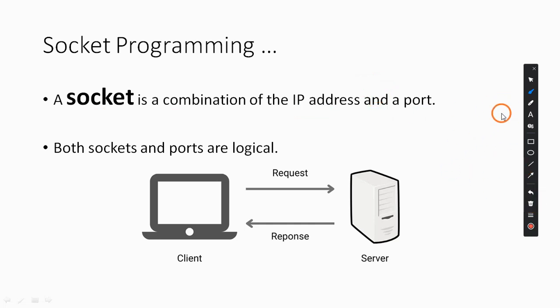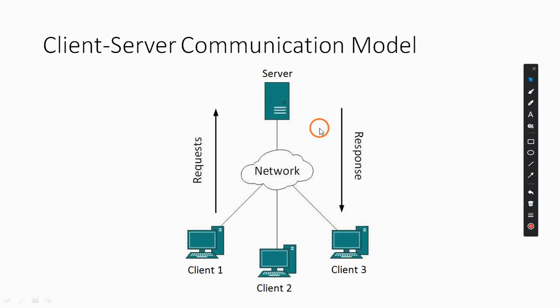So let me go back to the previous slide. Okay. Right here, I told you that this client is going to open facebook.com and this is the facebook.com server. That means whenever this browser sends a request, it is going to open a socket.